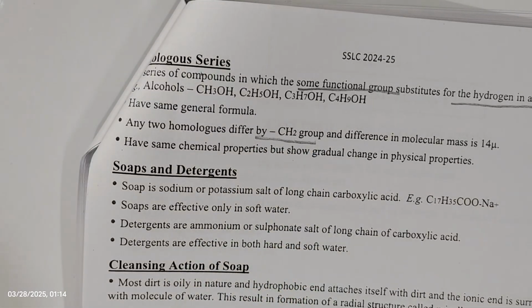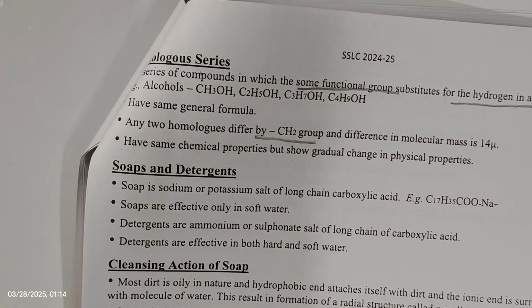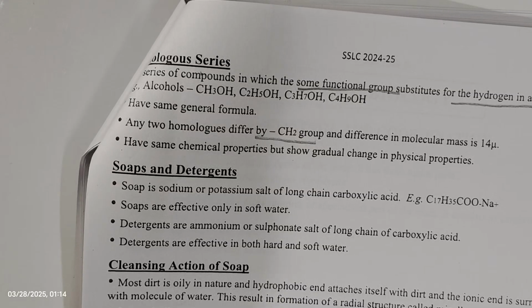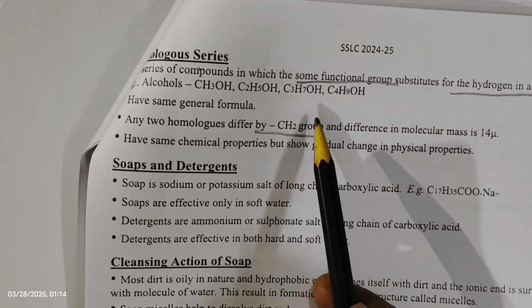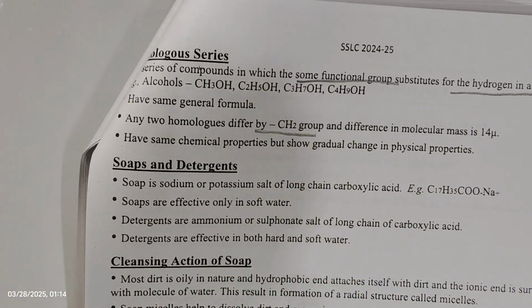So this is called a homologous series. Homologous series means carbon compounds having the same general formula, similar chemical properties, and successive members differing by a CH2 group.